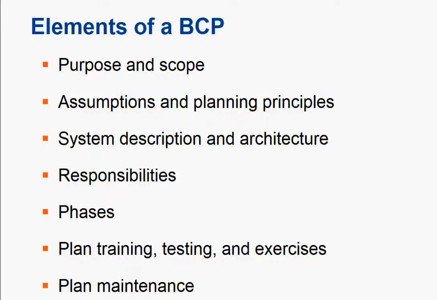So what are the elements of a BCP? Since BCPs are large, comprehensive documents, they include many elements and often cover many contingencies. There isn't a single format that will cover all requirements for all organizations. However, some guides suggest the inclusion of certain elements.